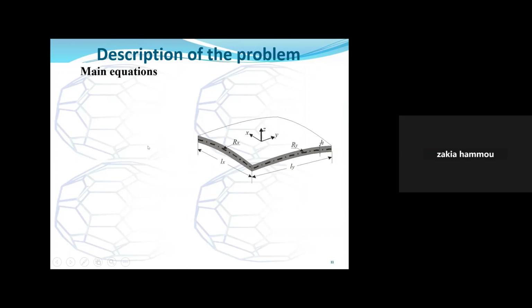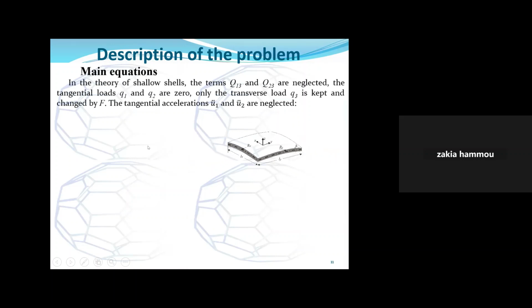A shallow shell can be defined as a slightly curved plate whose smallest radius of curvature at each point is large compared to the greatest length measured along the average surface of the shell.